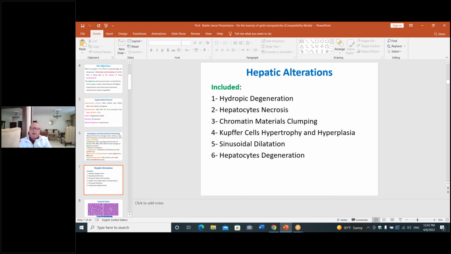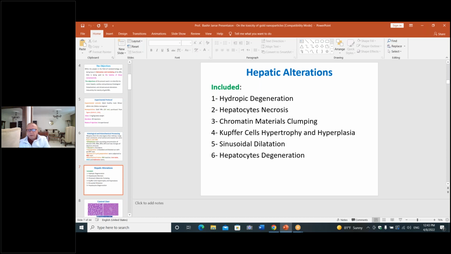Now, concerning the results in the liver, the hepatic alterations demonstrated by the animals that were treated with gold nanoparticles included the following: hydropic degeneration, hepatocyte necrosis. Necrosis is non-programmed cell death.